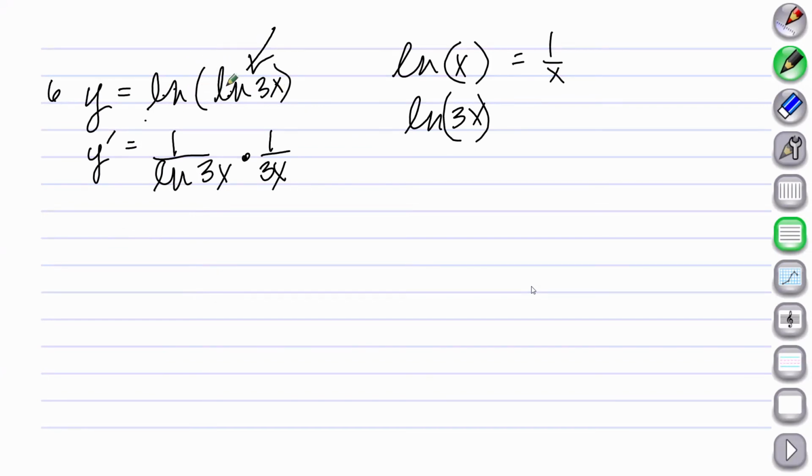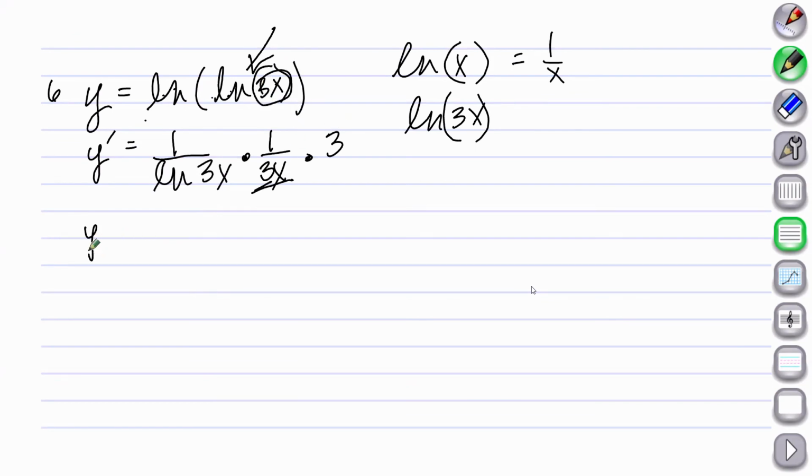Now I'm taking the derivative of what's in the parentheses, 1 over 3x, and then I've got to take the derivative of the 3x, which is 3. So it's kind of a sneaky little problem. It's 1 over the parentheses, the derivative of the parentheses, ln 3x, times the derivative of what's inside this, the derivative of just the 3x.